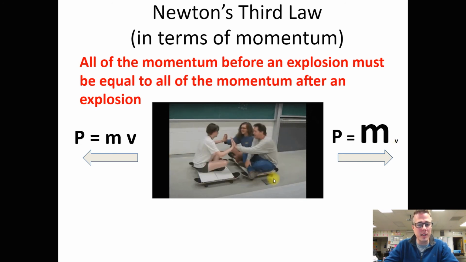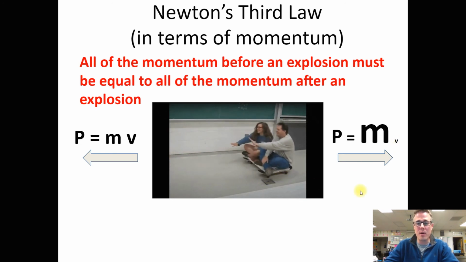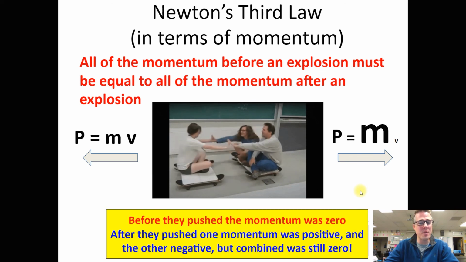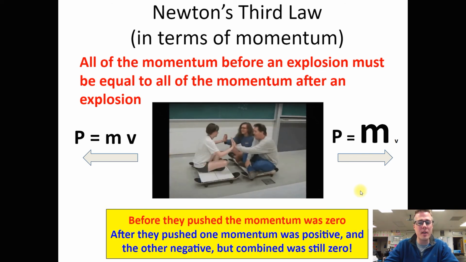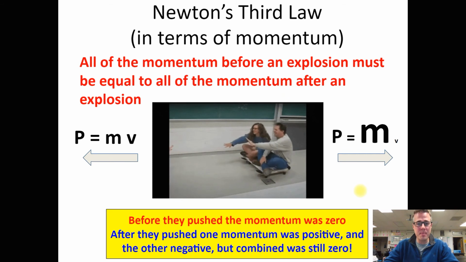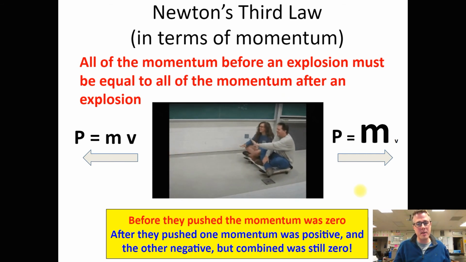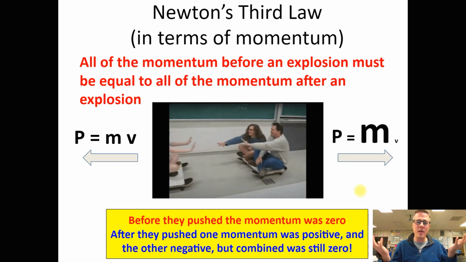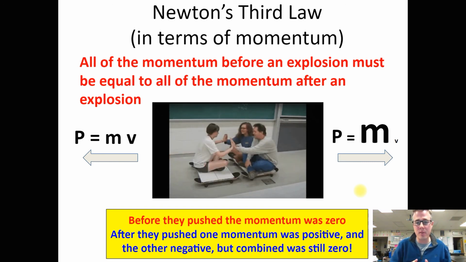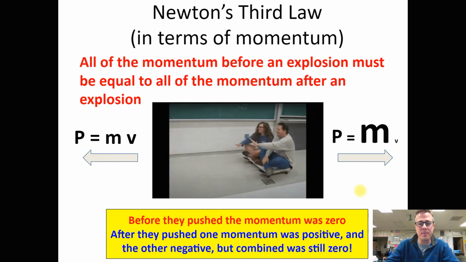So they still move a little bit, it's just a really small amount. However, if you were to still add up the momentums, before they pushed apart, they were just sitting there, momentum was zero. After they pushed apart, one was positive, one was negative, but they were the same amounts, and so they would be canceling each other out.